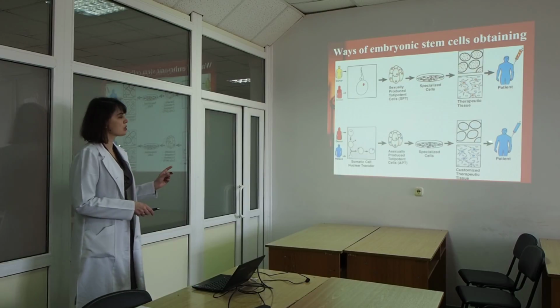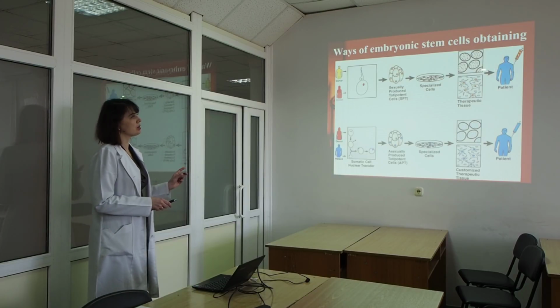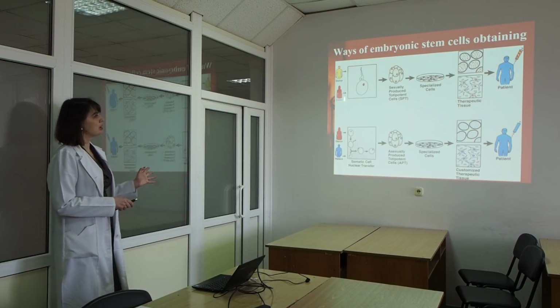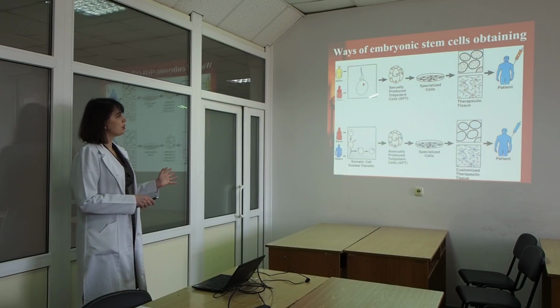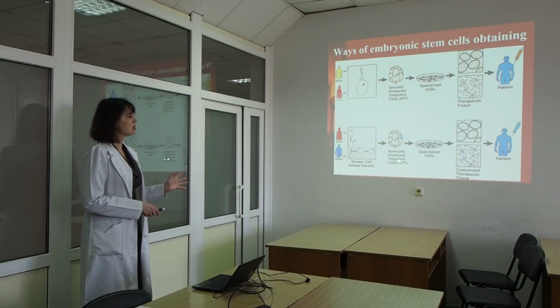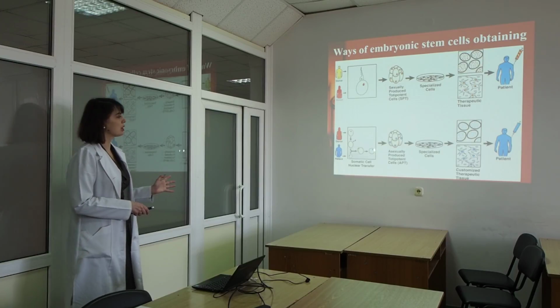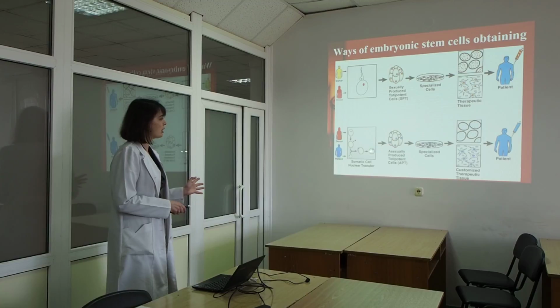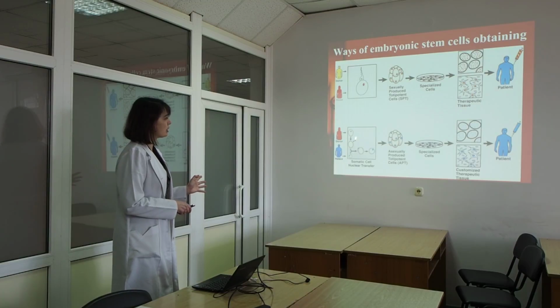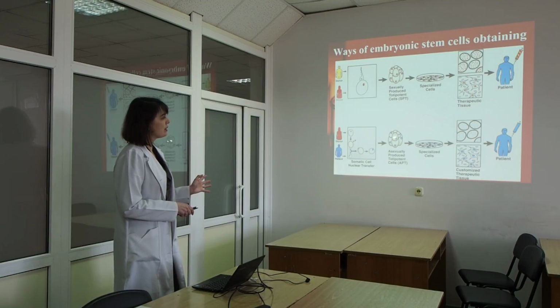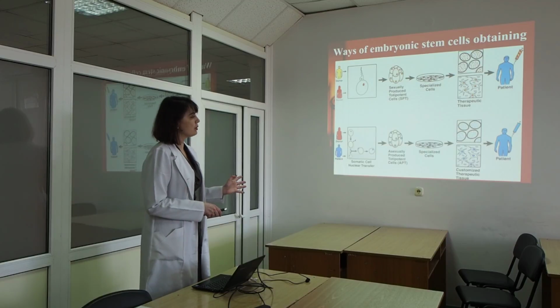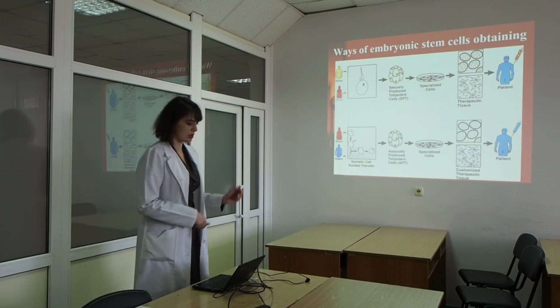There are 2 ways to get the embryonic stem cells. Just take any donors and create the stem cells, or perform the nuclear transfer, take the nucleus of this guy and put it into the egg cell of this woman and receive an embryo which is similar in its characteristics to the patient's tissues.